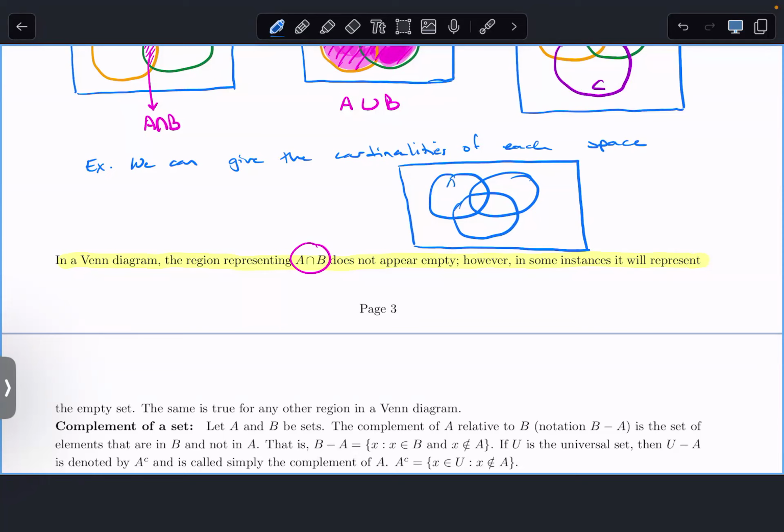If I've got A, B, and C, and I tell you the cardinality of this space here is 5, I'm going to put down numbers I think I can do the math on.